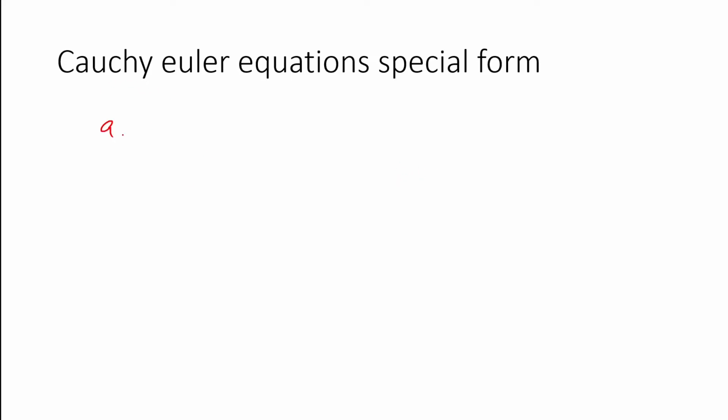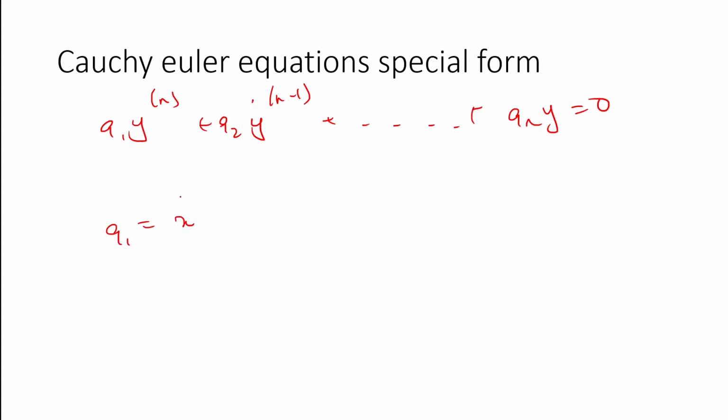So let me write the general form, a2 y^(n-1) and so on up till a_n y is equal to 0. This set a1, a2, a3, they are like this. a1 must be equal to x to the power n, a2 must be equal to x to the power n minus 1, a3 must be equal to x to the power n minus 2, and so on.